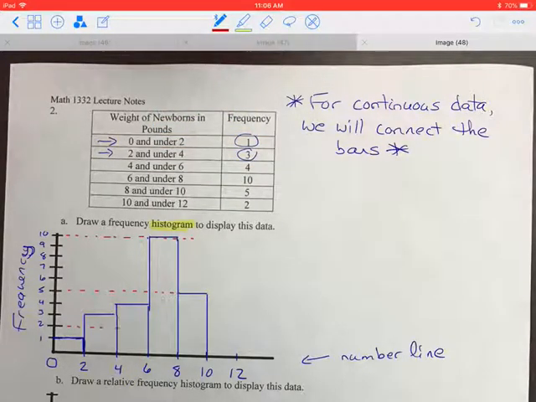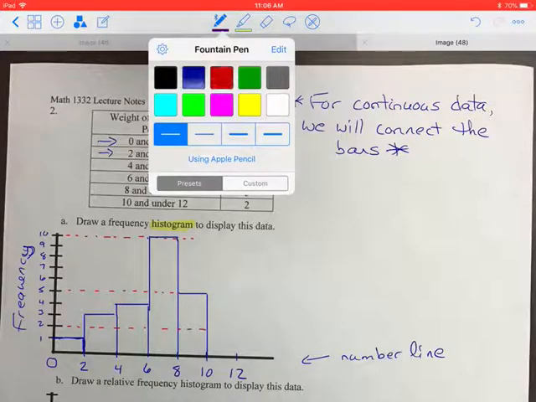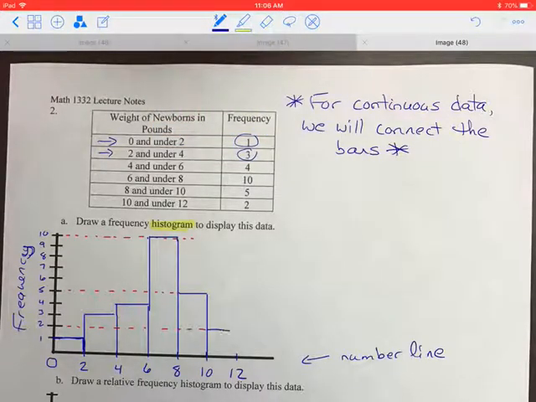So once again, you're reading that across, and I should probably go back and delete those in a minute. So that would be up to the 2, and that's between 10 and 12. Okay, so this is how you do histograms. You do want to connect and basically make a number line across the x-axis.